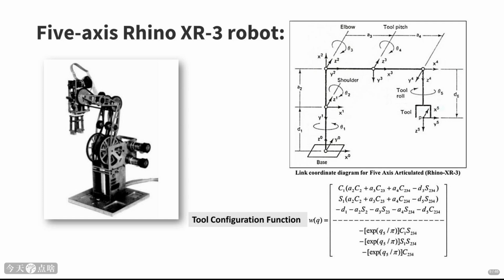The vector psi of q here represents the end effector pose, including position and orientation, but the exact form depends on the specific robot's geometry and joint types. The complexity of the Jacobian matrix will also increase significantly, becoming a 6x5 matrix. Analyzing these higher degree of freedom robots requires robust mathematical tools and computational power.